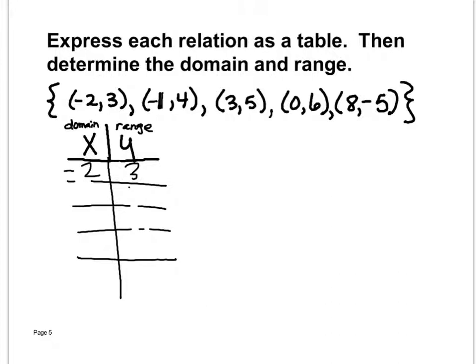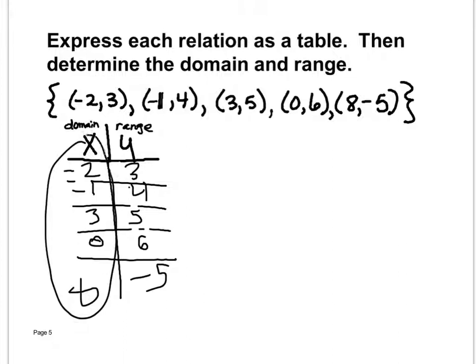Keep the ordered pairs together. It says determine the domain and range, but I've already done that. I wrote domain above the X coordinates. So these are all my domain. These are all my range. Any questions on how to do that?